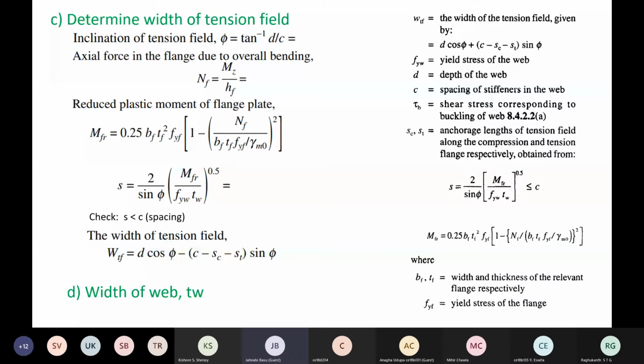So substituting all the values, you will get what is the value of MFR. Anyone calculated MFR?